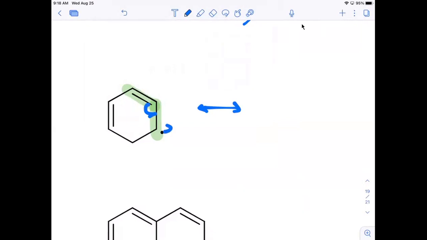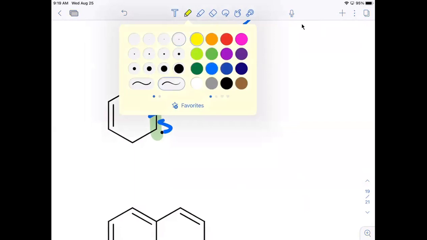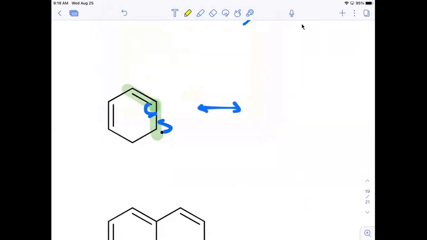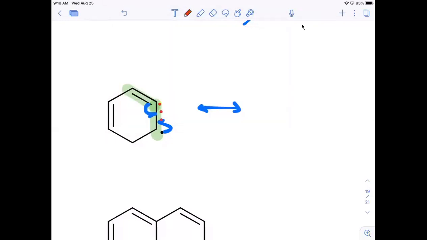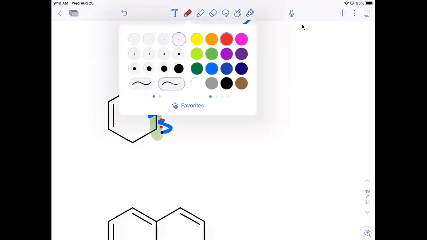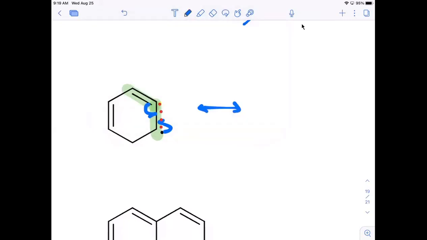So I'm going to do that. That's going to make a new pi bond right here. And then what about the last electron, the second electron in the pi bond? Where's that going? To the left, on that atom? Yes.